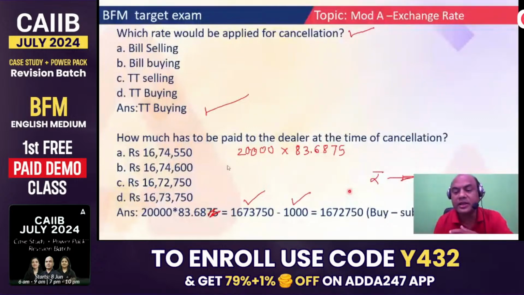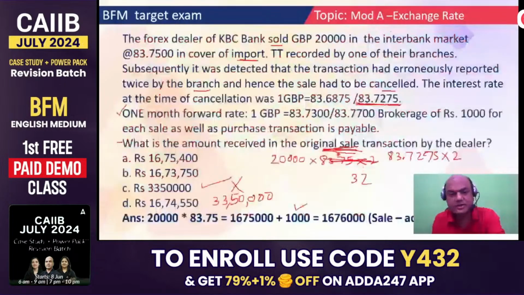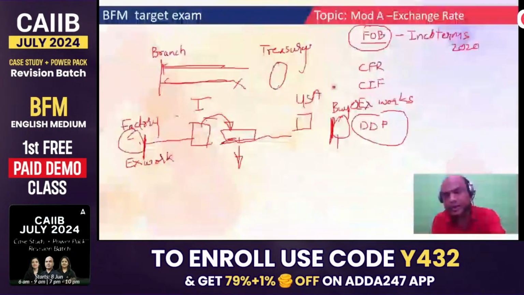Why TT selling rate for cancellation? Yeah, we have taken buying only. We have not taken selling. See this, what is the rate we have taken? 83.6875. This is what we have taken. This is a buying rate. We have not taken the selling rate.